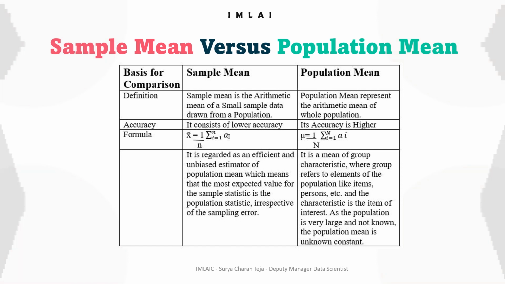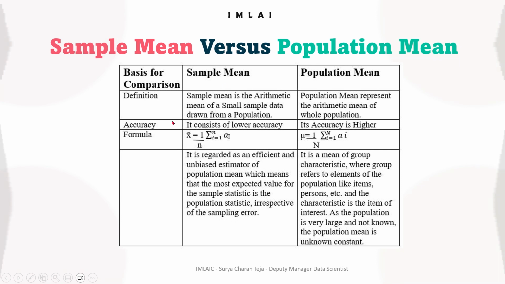Now formula for that. Normally the representation of sample mean, always this is a very important point to be noted, very important, very important. As we move ahead, we will use this notation. So that's the reason it's very important to remember. x bar is the notation we use for sample mean, and mu is the notation we use for the population.